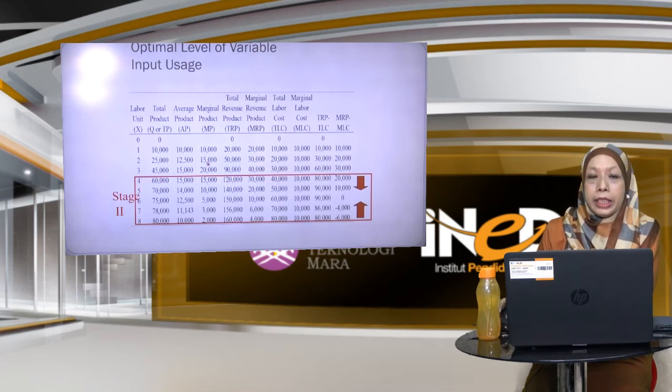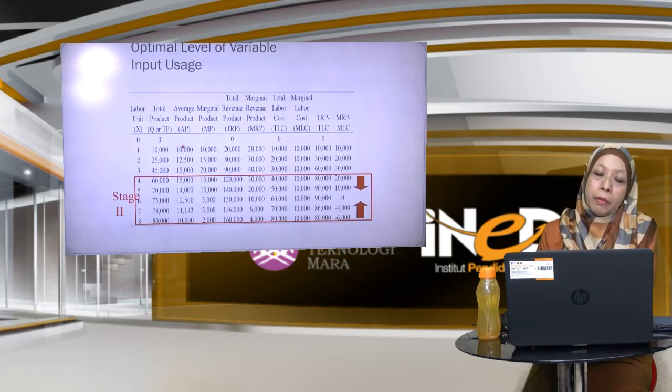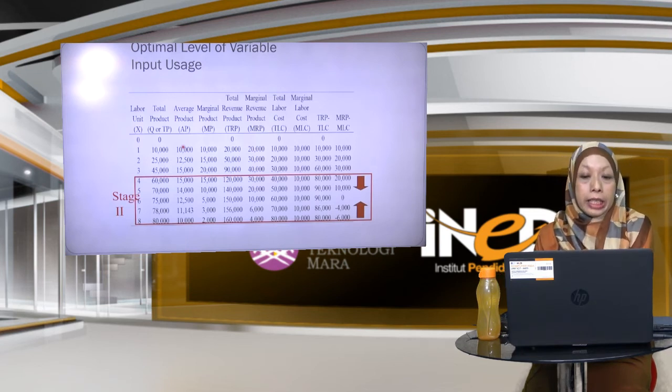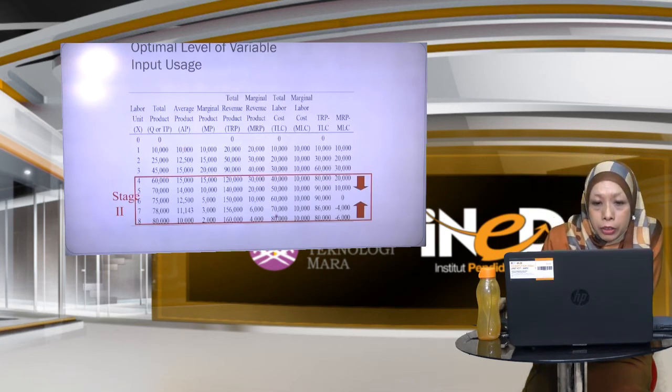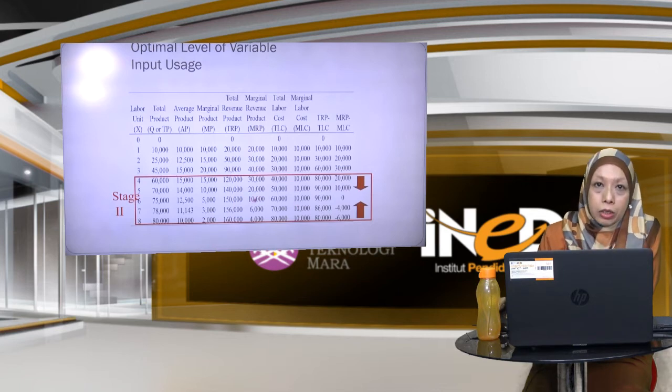So based on the optimal condition just now, the optimal number of labor is achieved when marginal revenue product is equal to marginal resource cost. In other words, marginal revenue product minus marginal resource cost is equal to 0. If you look at this column, marginal revenue product and marginal labor cost, you can see that the two values are equal at 10,000.